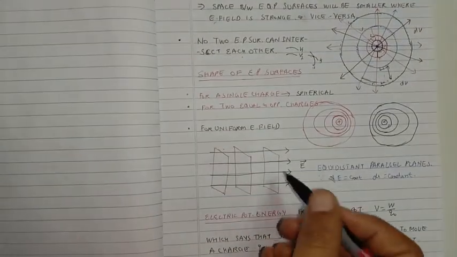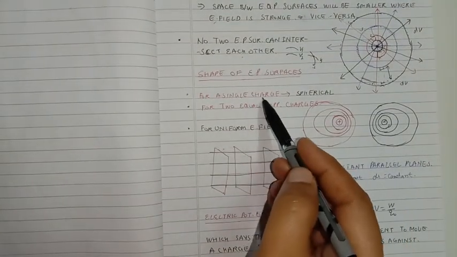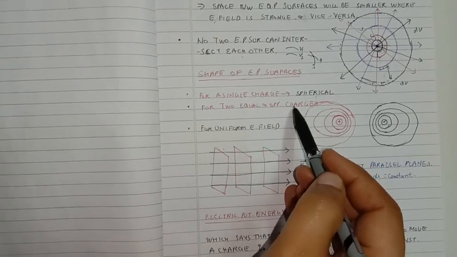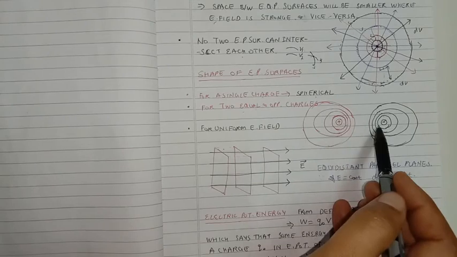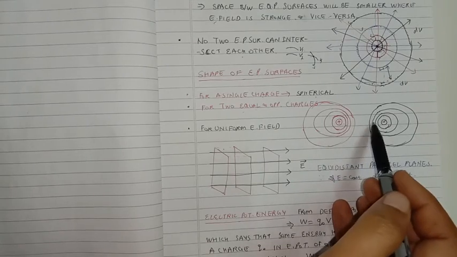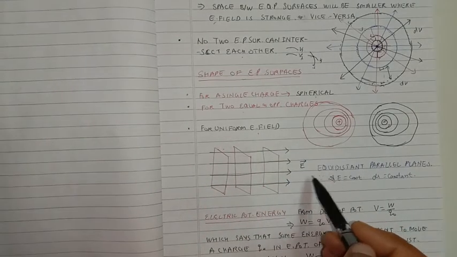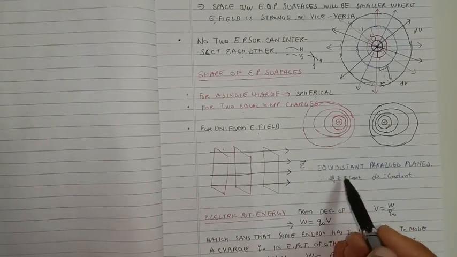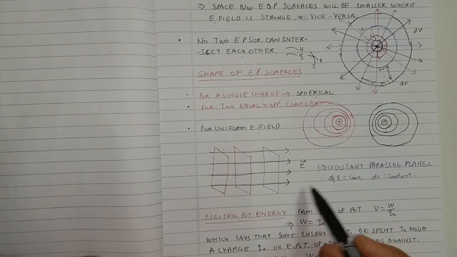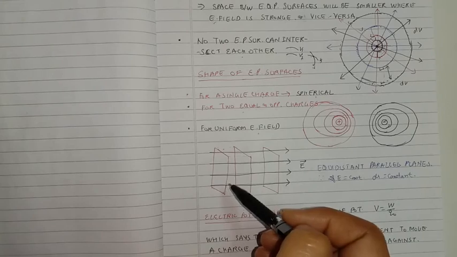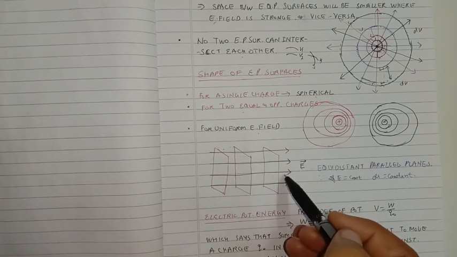Shape of equipotential surfaces. For a single charge, we already know they are spherical in shape. For two equal and opposite charges, these are the shapes of the equipotential surfaces for a pair of equal and opposite charges. For a uniform electric field, they are equidistant parallel planes, because in a uniform electric field in a certain region, the electric field has the same direction and the same strength.